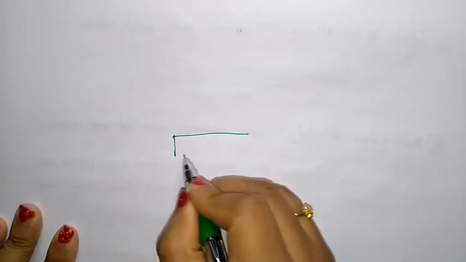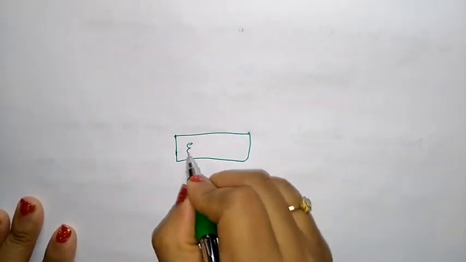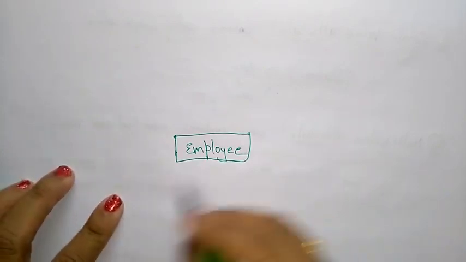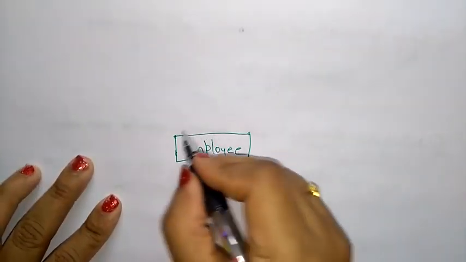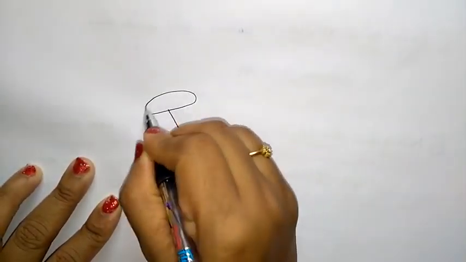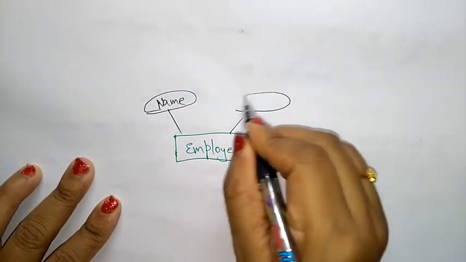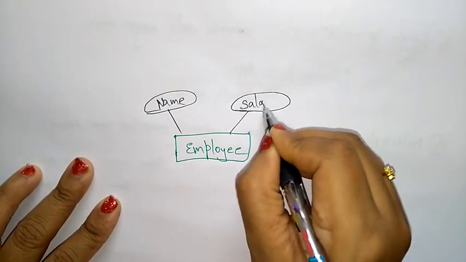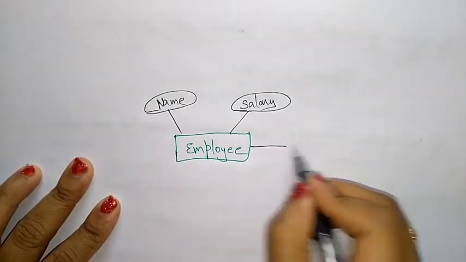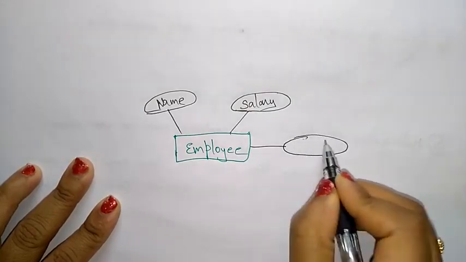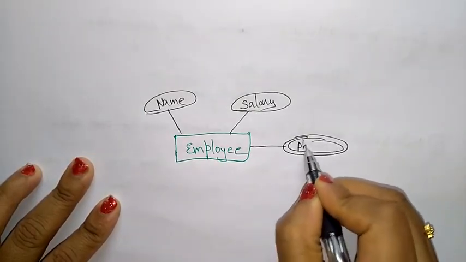So, entity diagram. Here, let us take the employee. Employee is an entity. This employee has attributes like name, salary, and phone number.